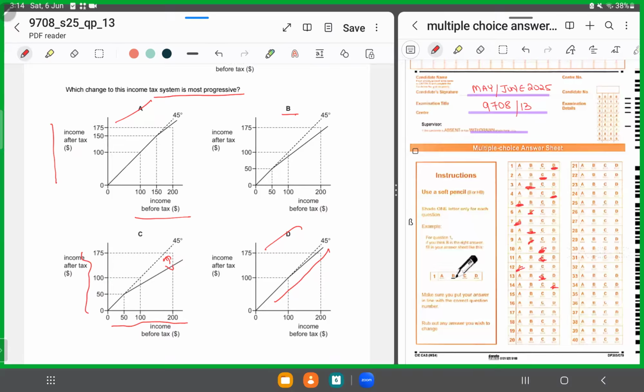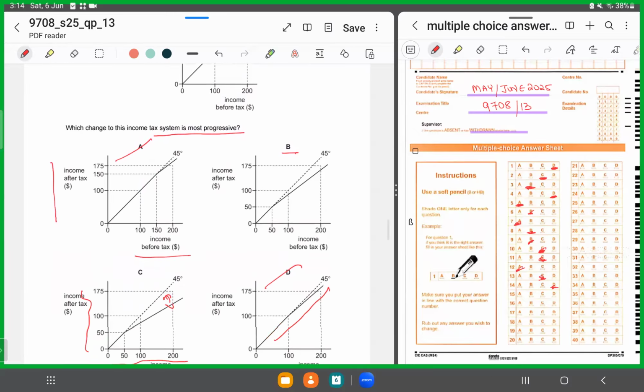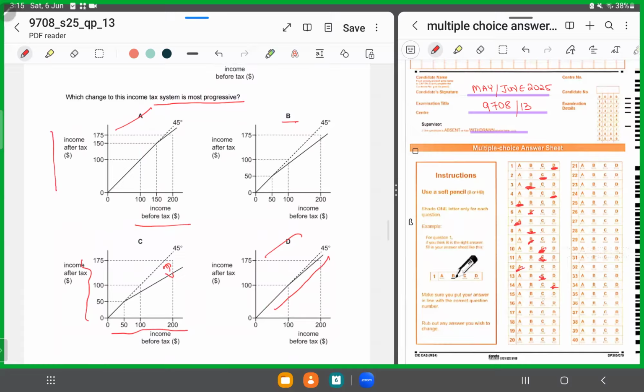So that means that the burden is being imposed more on the high income level group, right? So for MCQ number 15 we'll shade in C as the correct answer.